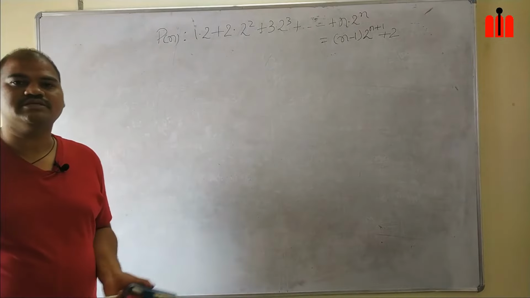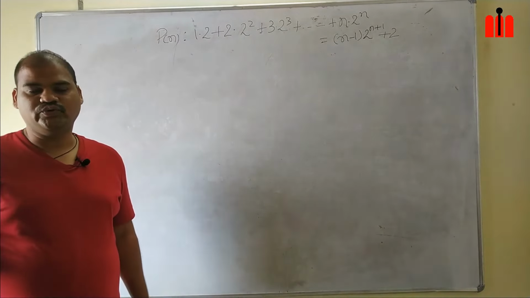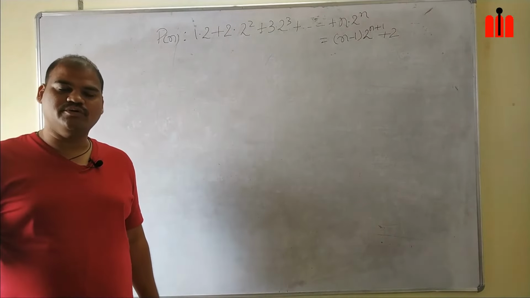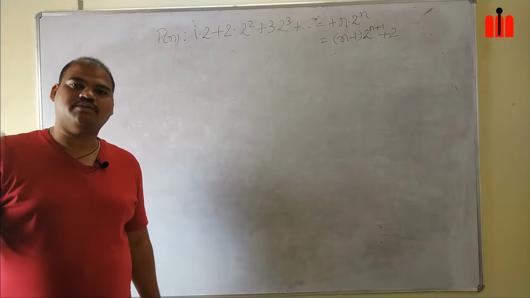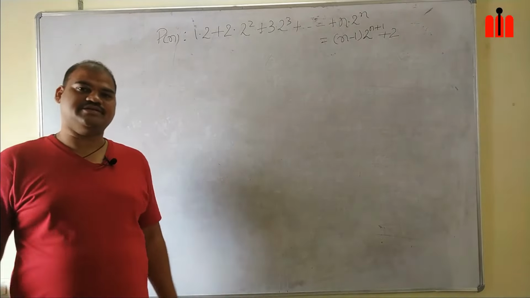So my problem is P(n): 1 into 2 plus 2 into 2 square plus 3 into 2 cube plus dash dash up to n into 2 to the power of n. So this is my LHS.